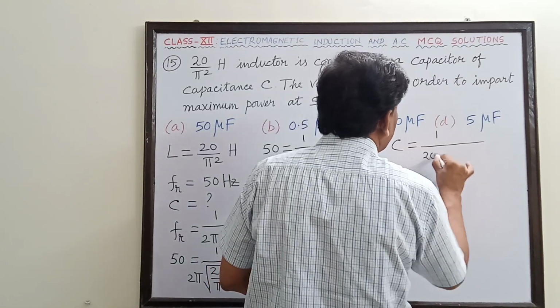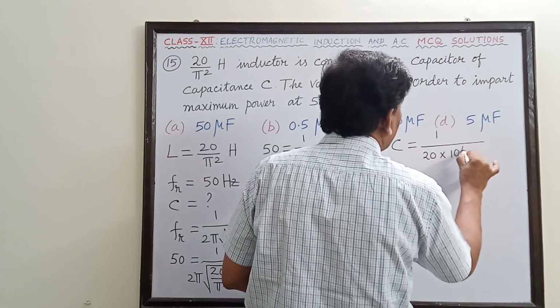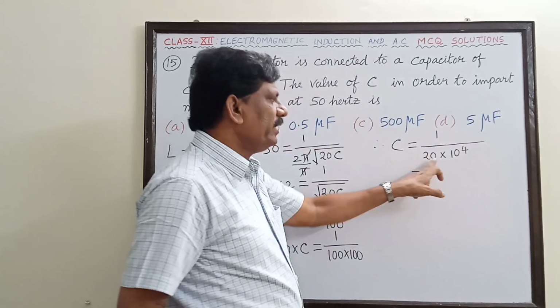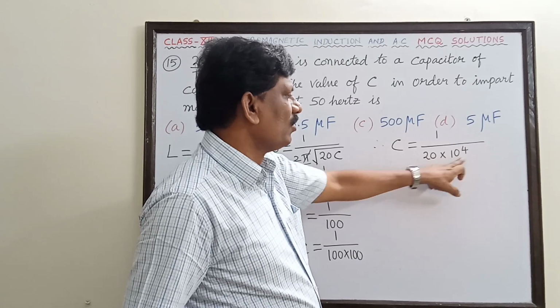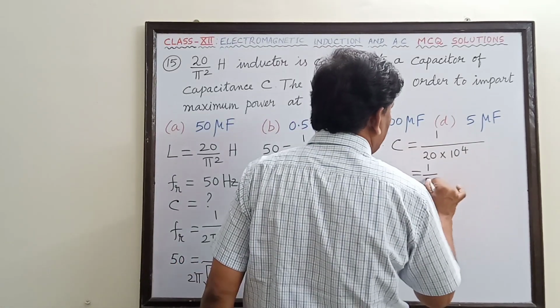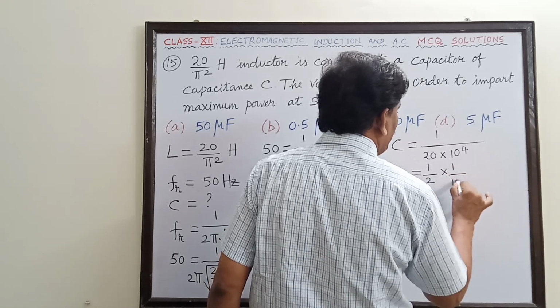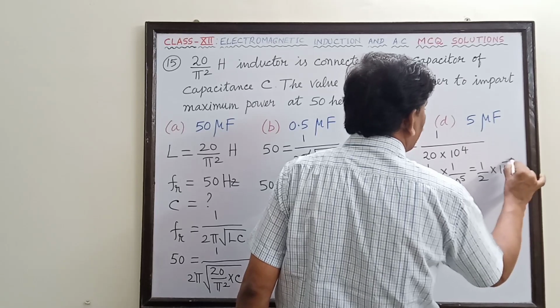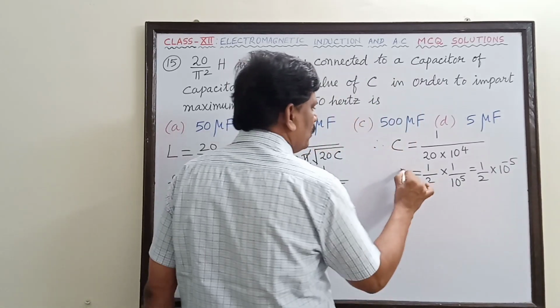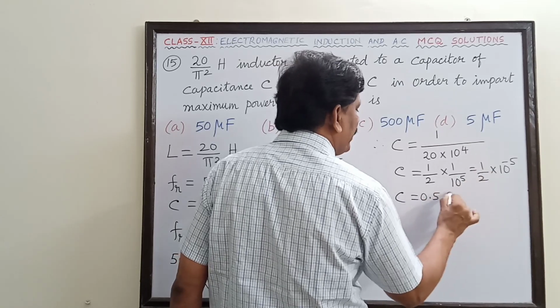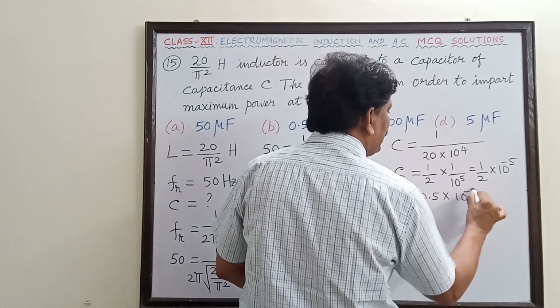So this is 20 into 10 power 4, or this is equal to 2 into 10 into 10 power 4, totally 2 into 10 power 5, is it not? So this is 1 by 2 into 1 divided by 10 power 5, this is equal to 1 by 2 into 10 to the power of minus 5. So C is now equal to 1 by 2, that is 0.5 into 10 power minus 5.